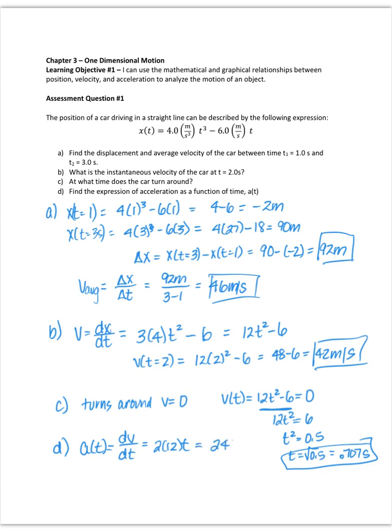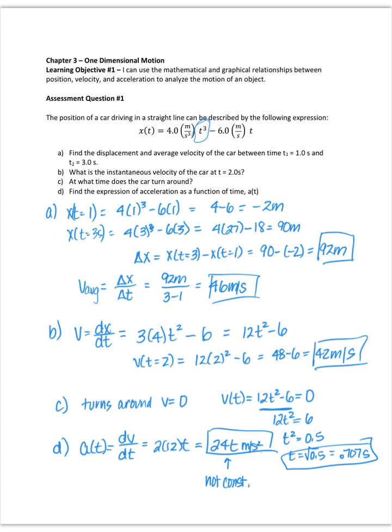It's 24t, and that's in meters per second squared. Notice that this is not constant because it depends on time, and we should have expected that, because up here we had a position that followed t cubed. And by now, hopefully you're comfortable with the idea that when you have constant acceleration, the position expression has the highest power for time as t squared, so like 1/2 at squared.